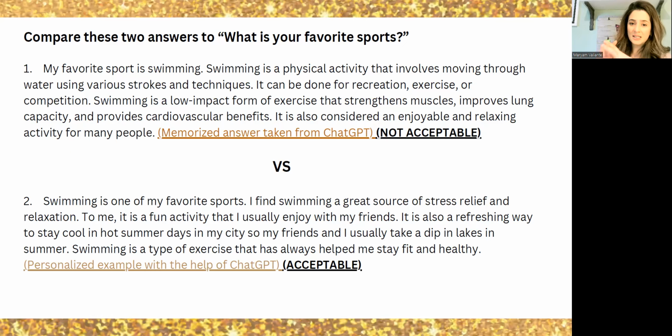So, you know what I did? First, I gave this topic to ChatGPT, and then it produced the first answer, number one. However, that answer is so impersonal. But I used it, I got some ideas, I used the facts, and then I injected my own personal opinion and my personal experience and my friends and family.